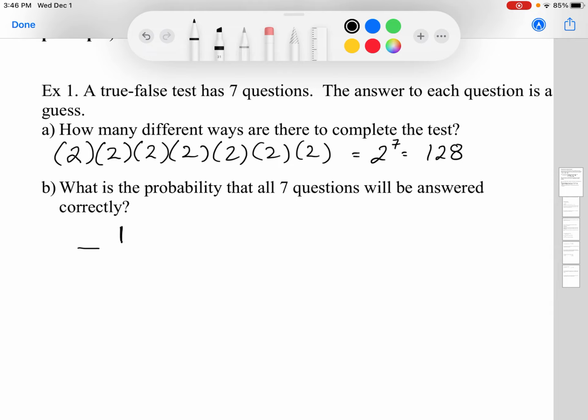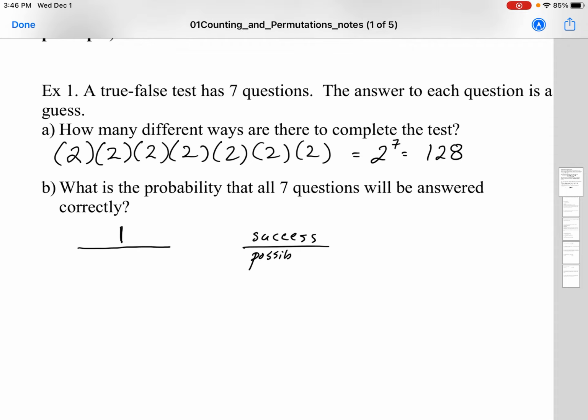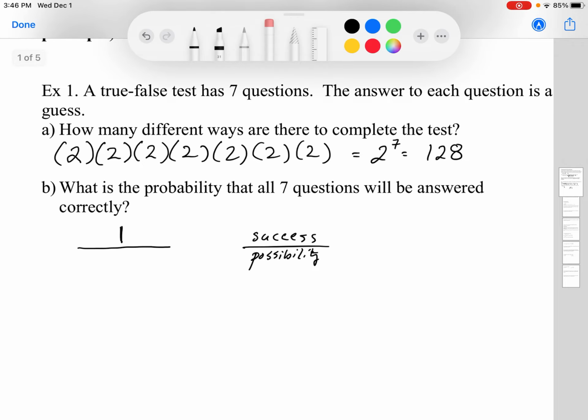Probability is the ratio of what we're looking for, so we'll say success, over all the possibilities that are available. So there's 128 possibilities, and the probability of success is 1 out of 128.